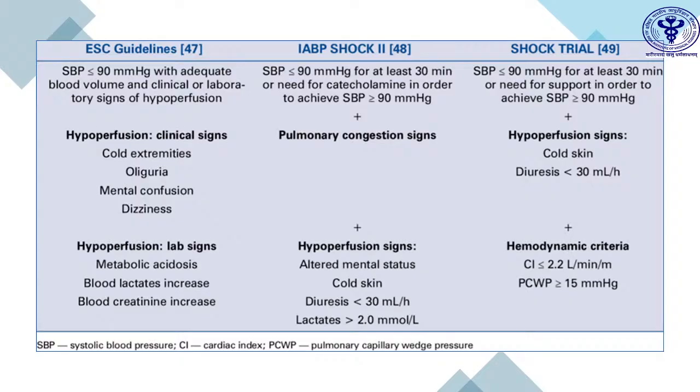The American Heart Association uses the other two, that is the IABP. These are basically taken from two landmark trials in cardiogenic shock, that is the SHOCK trial and the IABP SHOCK 2 trial.